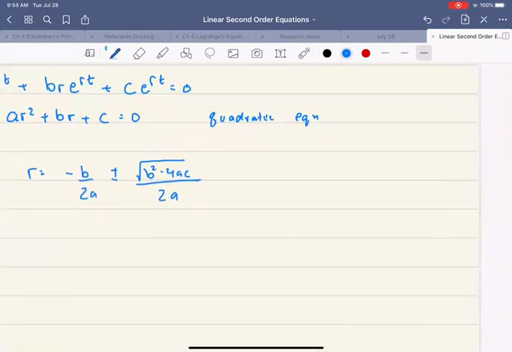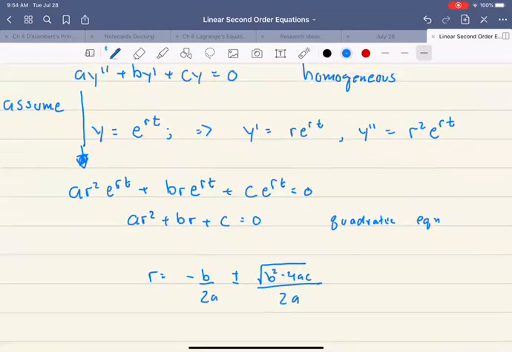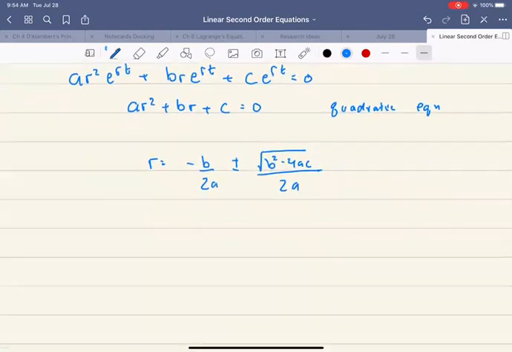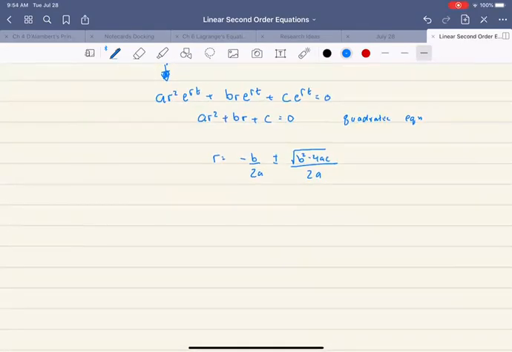All right, let's go ahead and do a very simple one. Let's take y double prime minus 5y prime plus 6y equals 0.